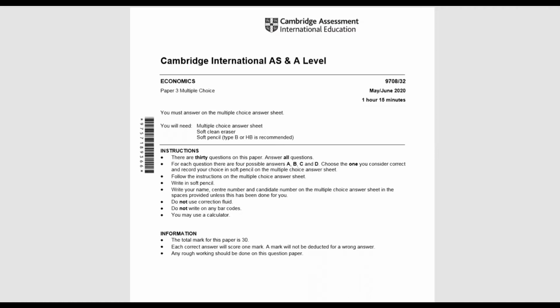Let's see how we can do this paper. I suggest all of you to please stop the video when I show you the question. Stop the video, think about it, and once you have thought about the question and pointed out the answer, wait for a while and then start the video and see what the correct answer was.